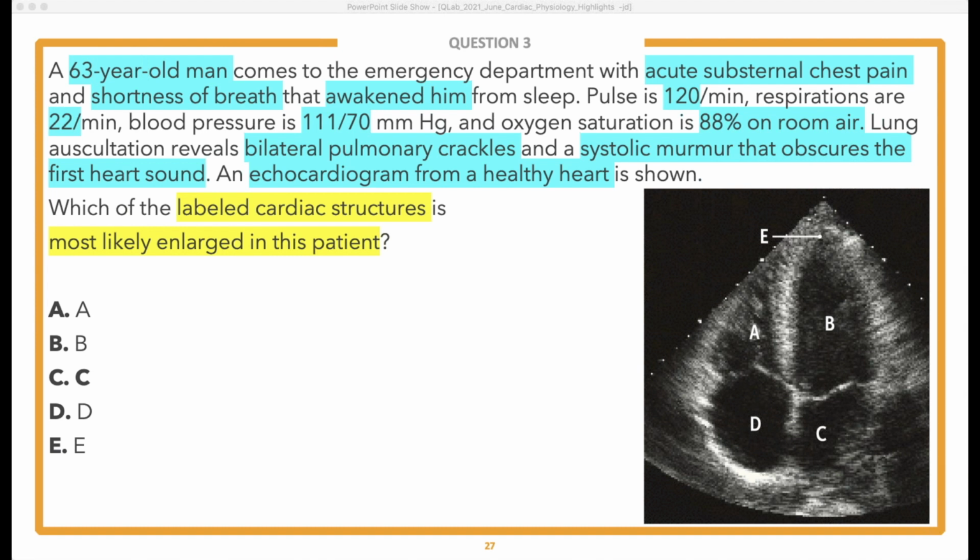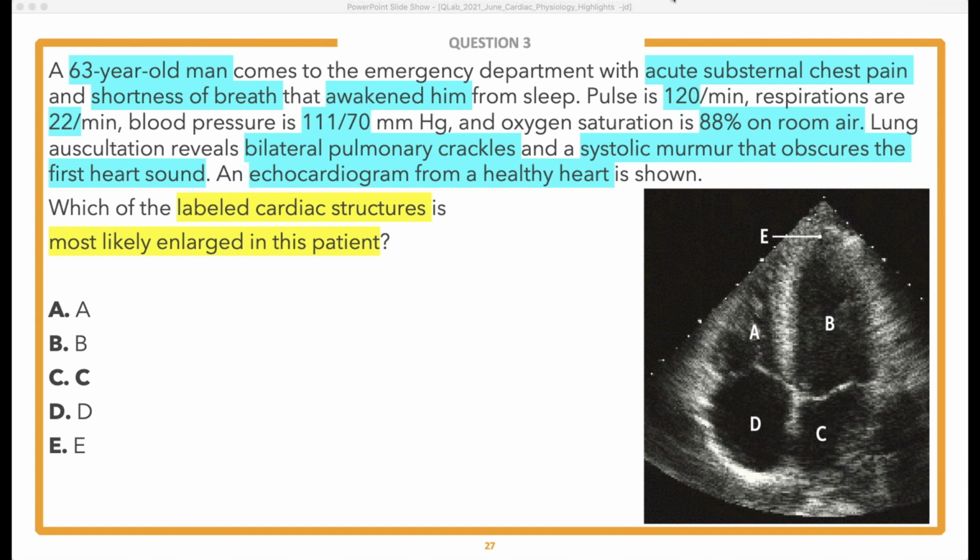So what are these structures? Well, echocardiograms, if you're not too familiar, can be a little difficult to interpret because they seem a little upside down and backwards. So let's see what we can do to find the left atrium. We do know that the ventricles are usually here, in this case, at the top of the figure.